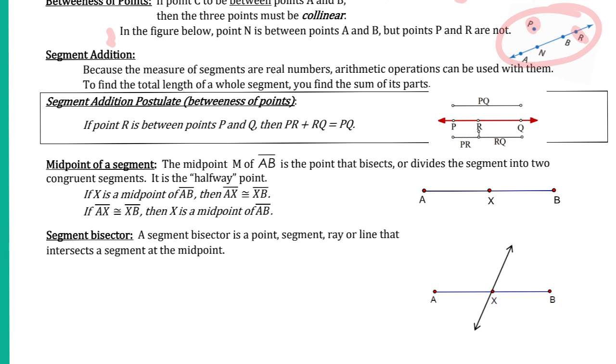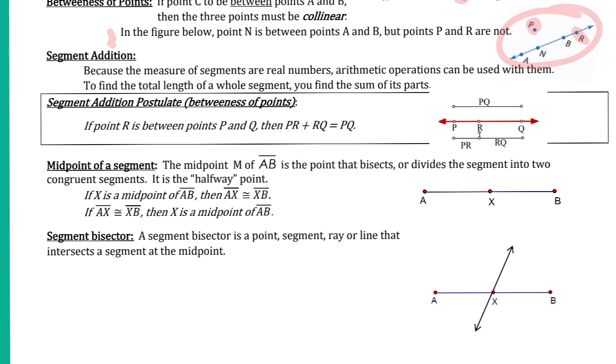The sum of the parts equals the whole. So if you have a segment PQ, what would you add up to get that? If you add the part from P to R plus the part from R to Q, you're going to get the entire segment. So the length from P to R plus the length from R to Q equals the length from P to Q. We can add up the measure of each of those parts and equal the entire length.